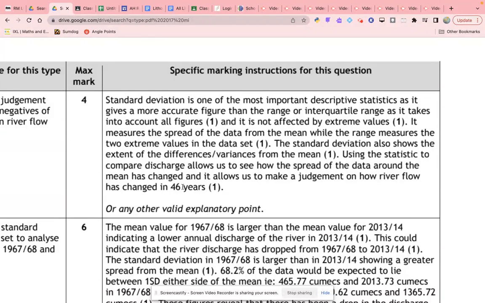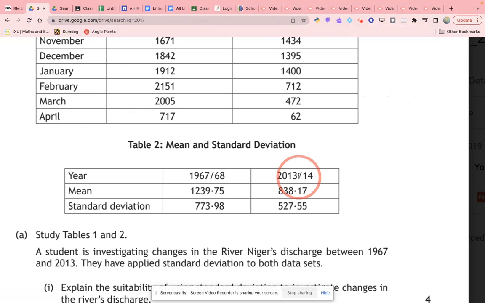So the river flow has got a lower mean, and there's a 68% probability that a month of river discharge, QMEX, is going to be less in 2013, 2014, because we have a smaller standard deviation than it would have in 67, 68.